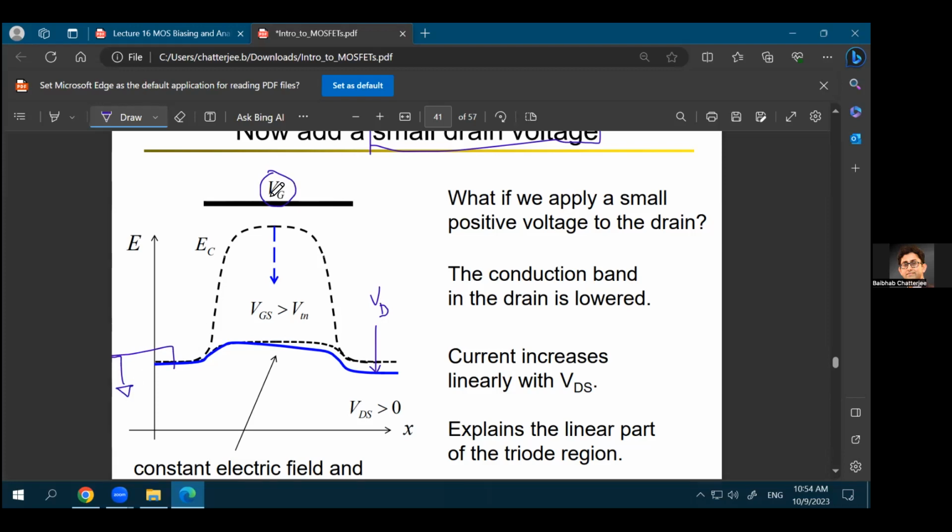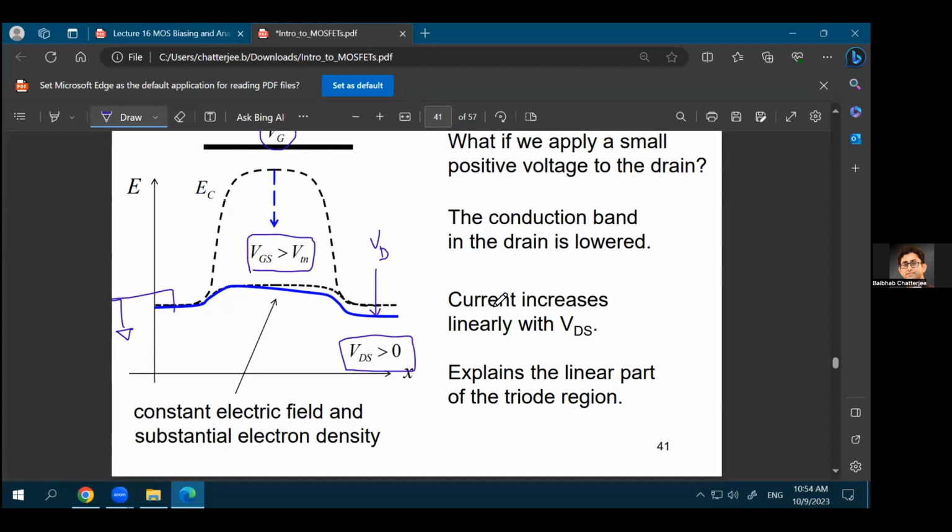So you are applying a positive VGS, you are also applying a positive VDS. So VGS is more than the threshold voltage and VDS is more than 0. In that case, the energy on the right hand side, the energy below the drain region, will be even lower.